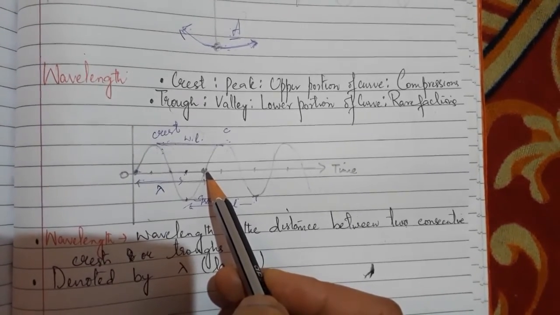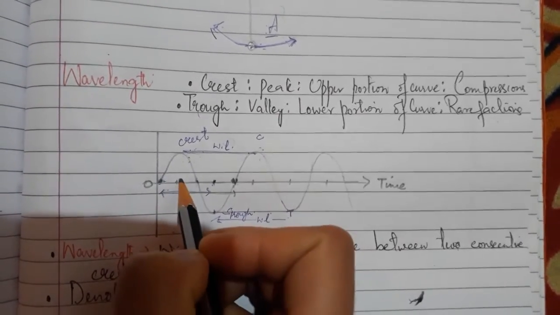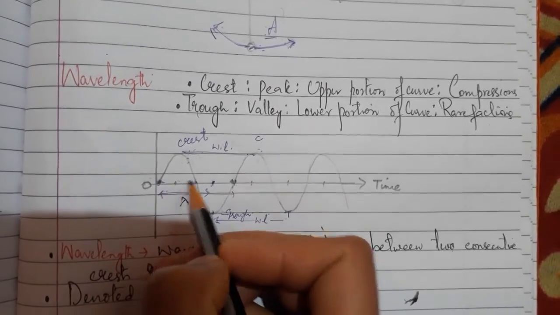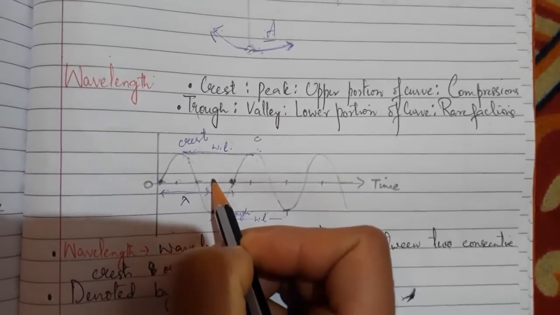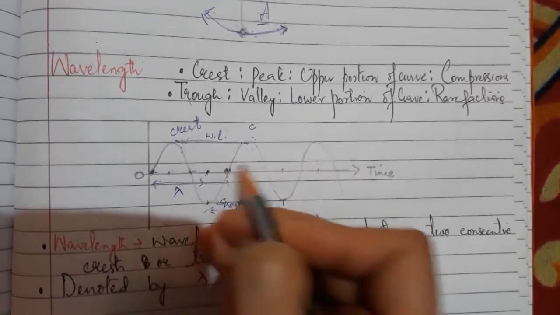If you see, each of these intervals are equal. The time from here to here is equal to the time to here, and this is equal to the time taken till here. So these are equal intervals of time. That is why it's a periodic motion.